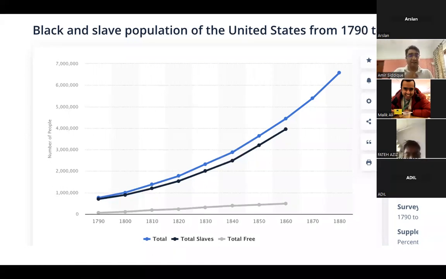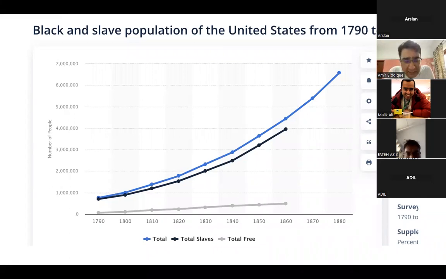At that time, there were about 1 million total African Americans in the United States, and almost all of them were slaves. The black line is slaves, the gray line is free African Americans, and the blue line is the total number of African Americans in America.